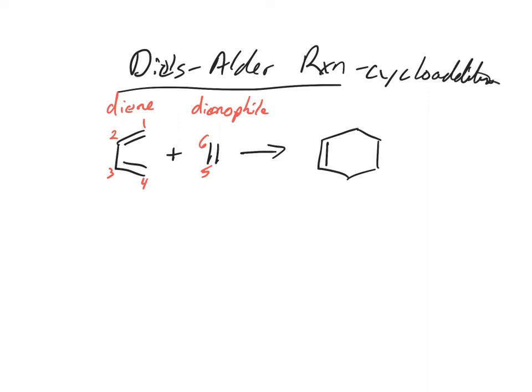Because in this reaction, we form 1 new pi bond and 2 sigma bonds. We start with 3 pi bonds and end up with 1 new pi bond and 2 sigma bonds. That's a cycloaddition. So let's number our carbons to see where those bonds are.